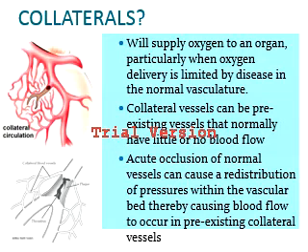Another thing that happens in a cirrhotic liver is the formation of collateral vessels. Collateral vessels may be pre-existing vessels that normally have little or no blood flow. And so in a cirrhotic liver, there can be acute occlusion of normal vessels, meaning they can be blocked off.